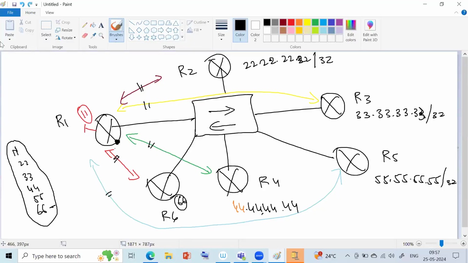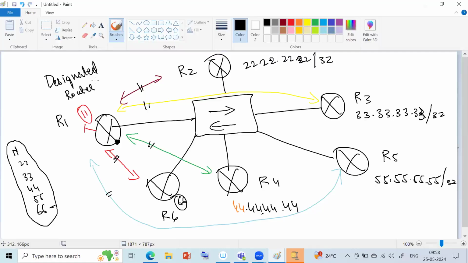You know that, right? In routing, switching, and all, you were aware of that. So 66, which is coming from here, will not be going back to the same R6, right? Instead of 66, everything else will go here. Now, what does R1 become? It is a designated router.